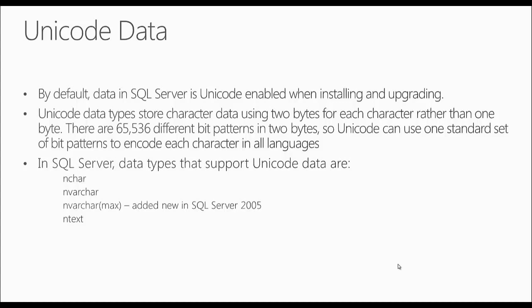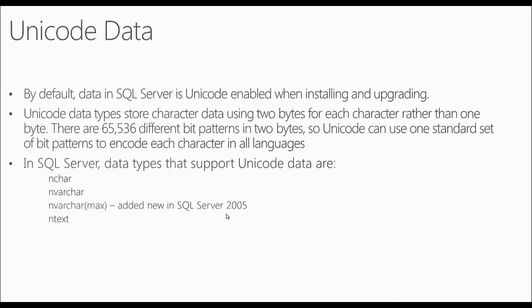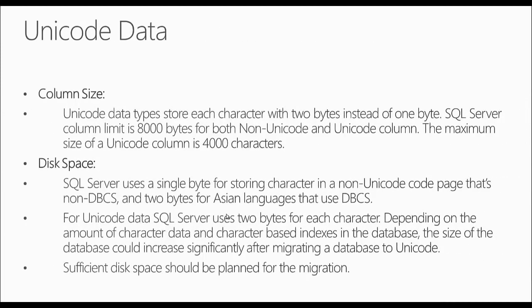In SQL Server, the data types that support Unicode data are nchar, nvarchar, nvarchar(max), which is available starting from SQL 2005, and ntext. When considering Unicode data, there are a few things to think about, the first being column size.